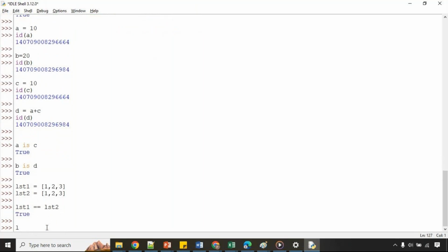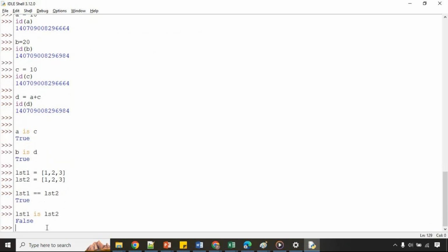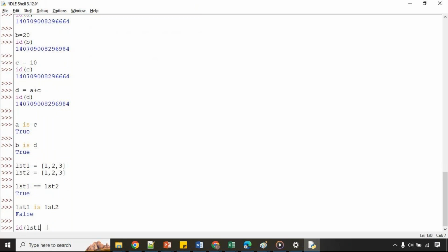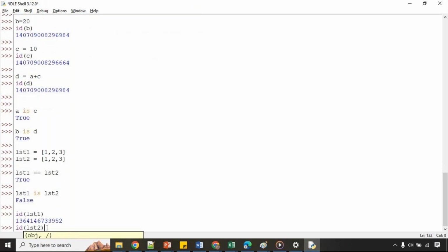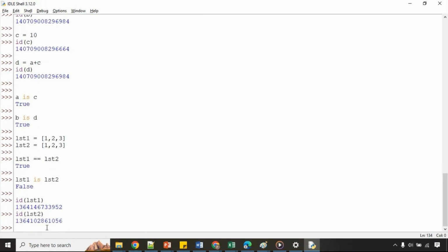Now list 1 is list 2 gives False, because the id of list 1 and id of list 2 are both different. So here the addresses are not matched. Sorry, it is returning False.